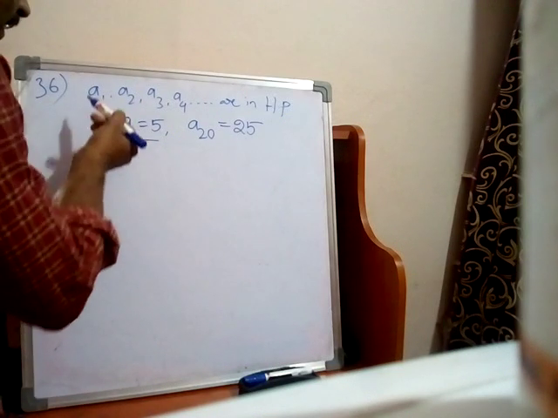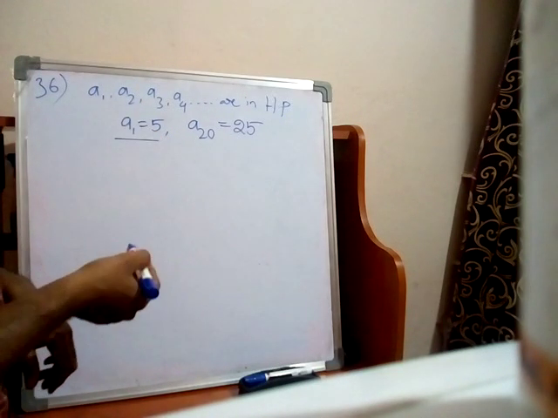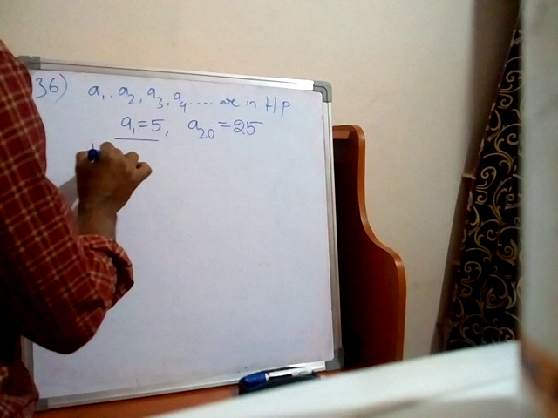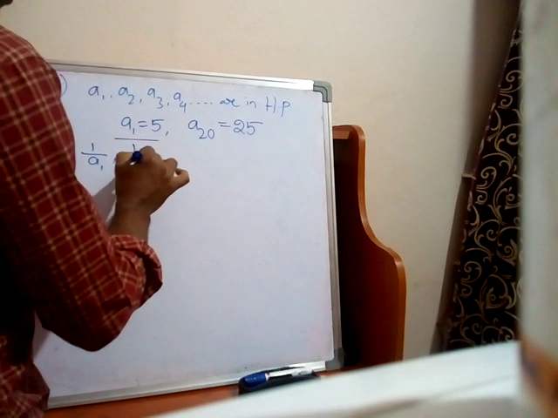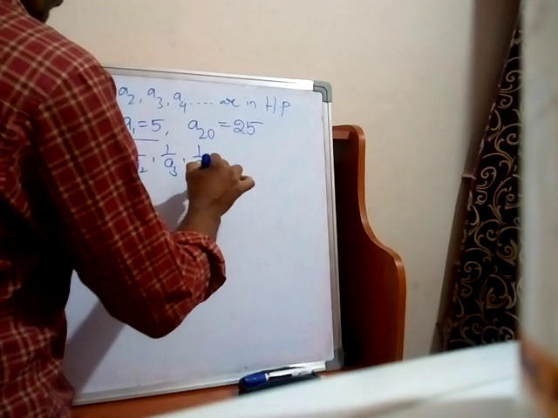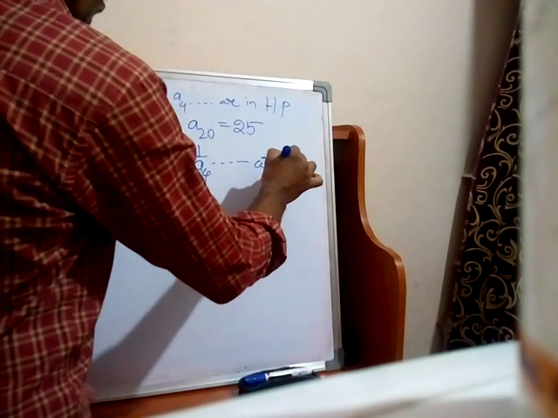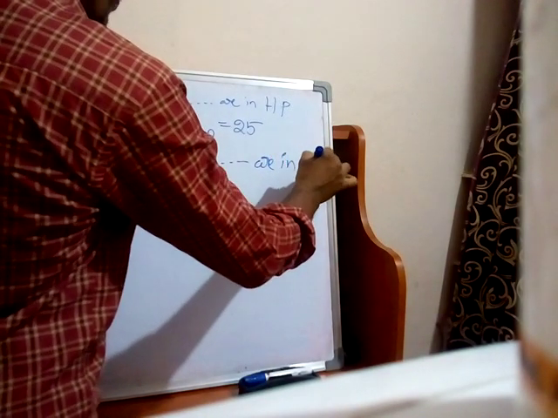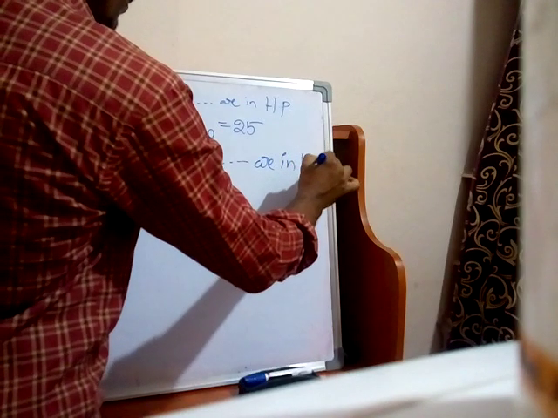So if you take the reciprocal, it becomes an AP series. So now taking reciprocals, 1 by a1, 1 by a2, 1 by a3, 1 by a4, like this, are in AP series.